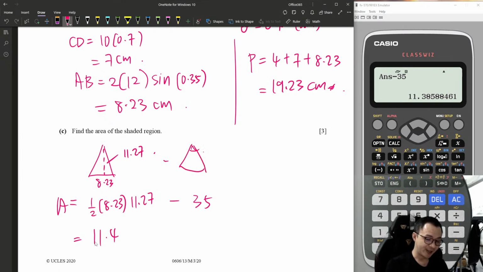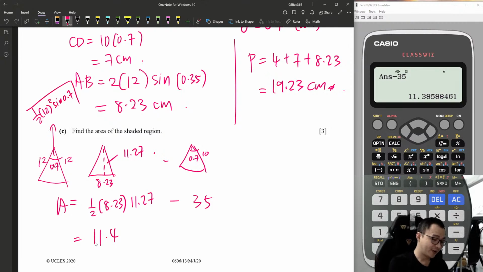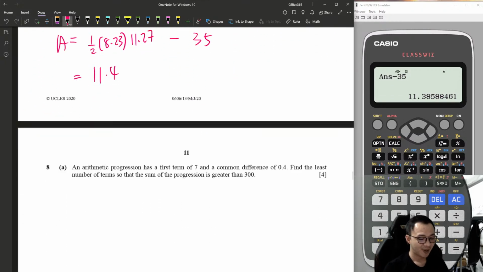This is sector 10.7. In this triangle, this is 12, this is 12, this is 0.7. I don't even need to find a height. I can just do half times 12 times 12 times sine 0.7. Use the triangle formula to get it straight away. Yeah, it's faster and easier. Alright, done.